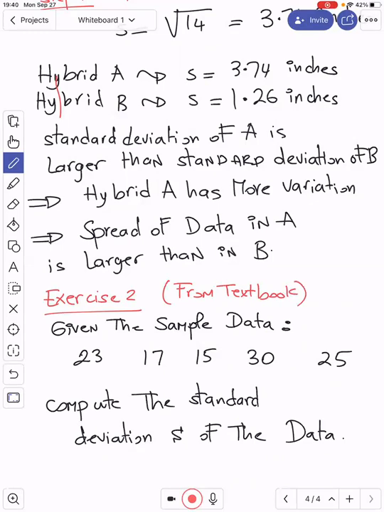Anyway, I'm going to give you a couple of minutes, guys, to compute the standard deviation, and make sure that you get the correct answer.